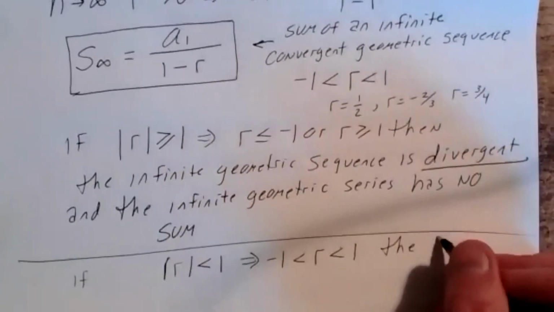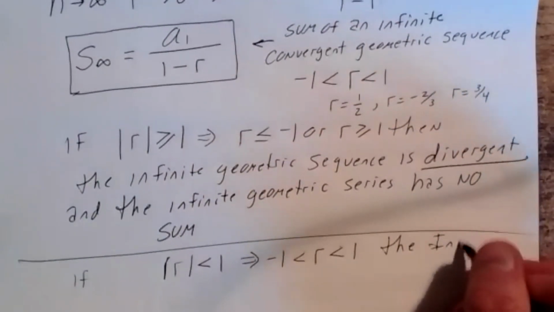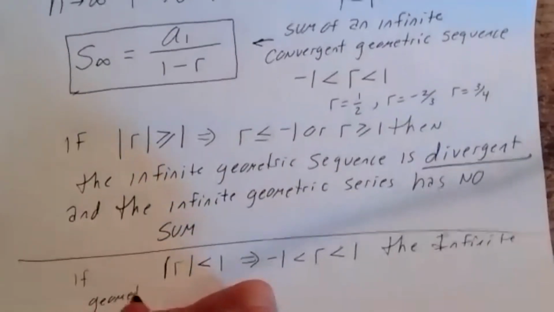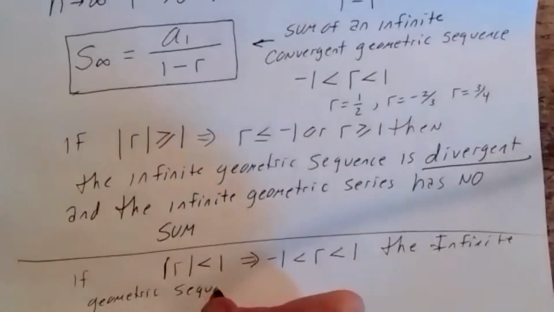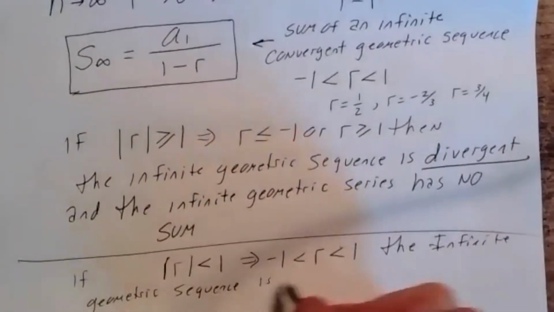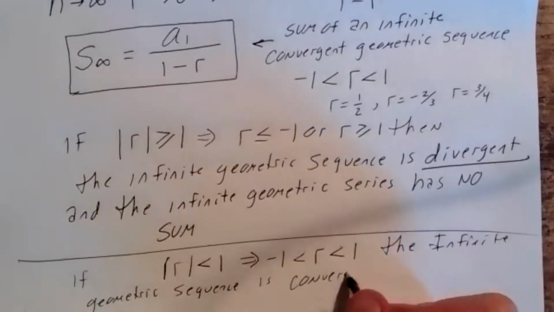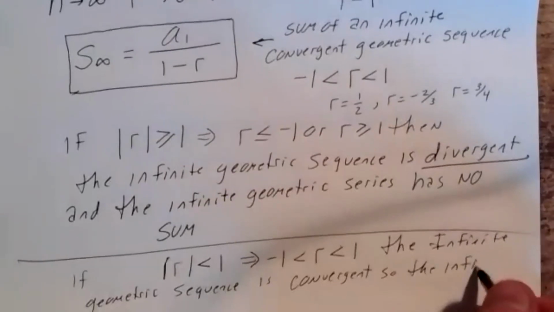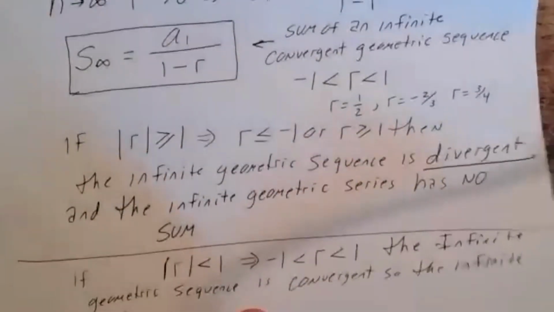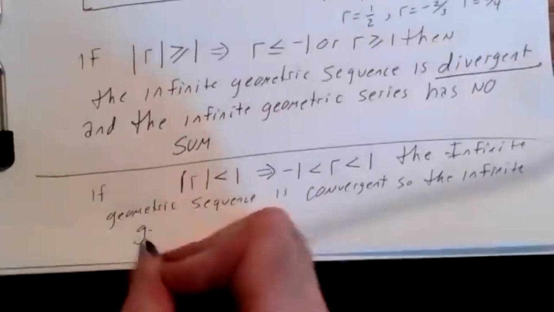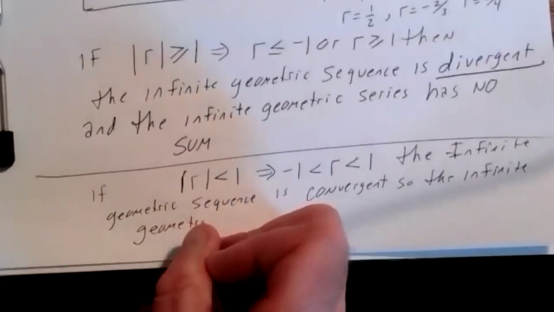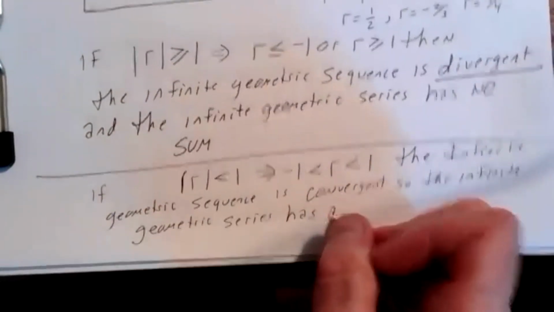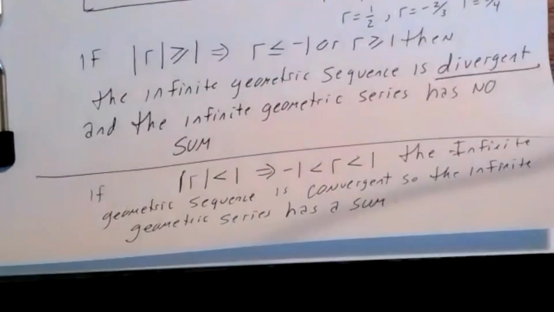If this is true, then the infinite geometric sequence is what? Convergent. So the infinite geometric series has a sum. The sum would exist. Okay.